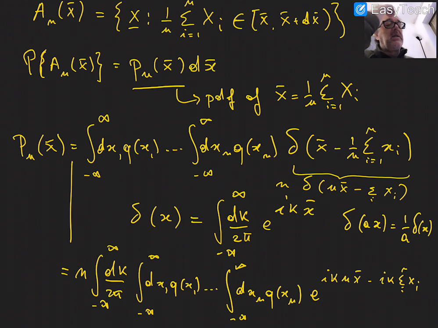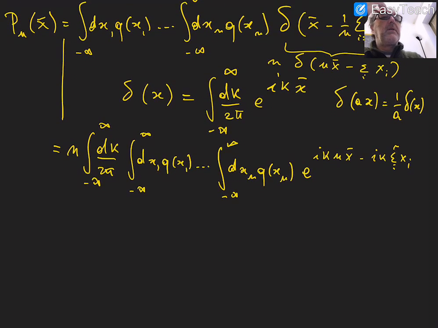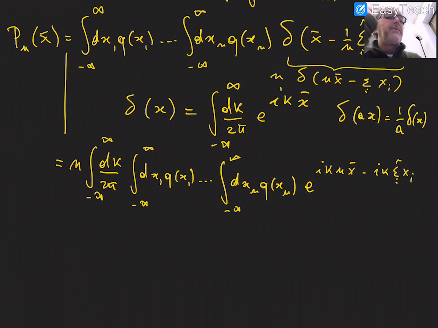Now you see that this integral can be factorized. There is this part that does not depend on the xi that can be put at the beginning.